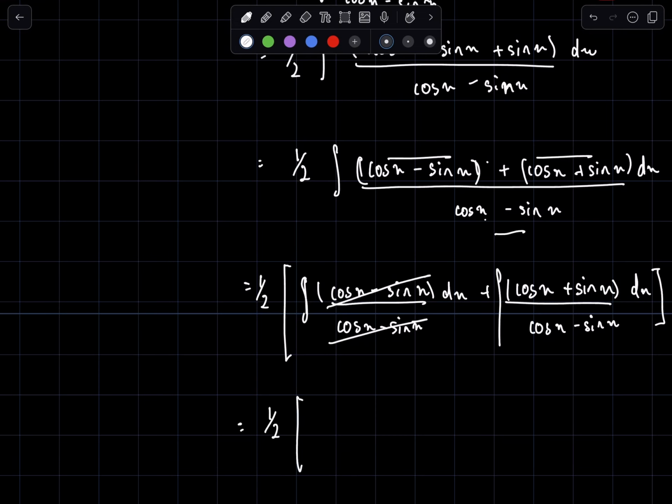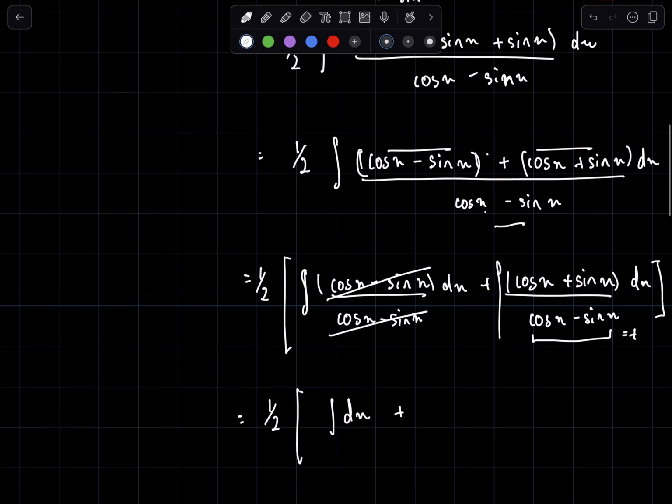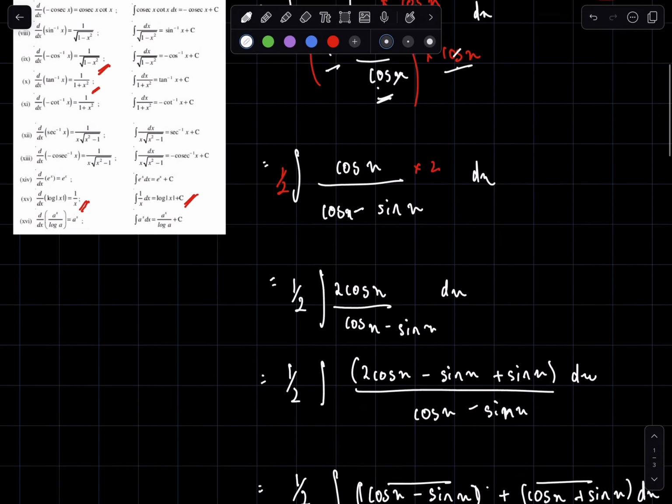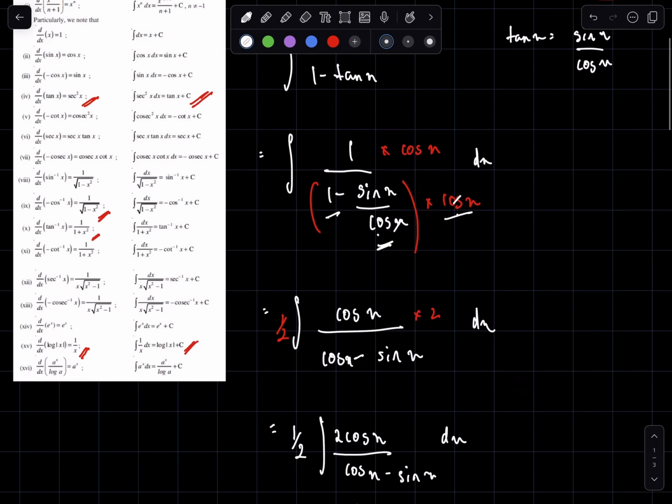of what? Integral of dx plus, now I told you, whenever you come in this situation, always equate this to t. So cos x minus sin x is equal to t, correct? Now differentiate this. So differential of cos x, let's check again, is minus sin x.